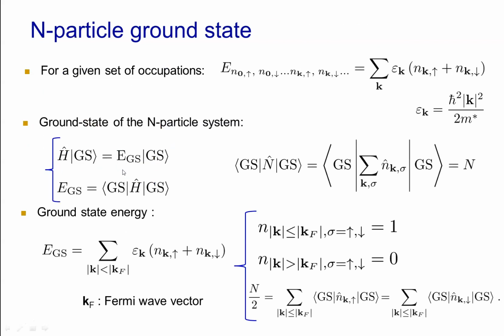Okay, so one more comment here, and from that we know that all states with k below or equal to the Fermi wave vector are filled, and all those states with k above the Fermi wave vector in absolute value will be empty.